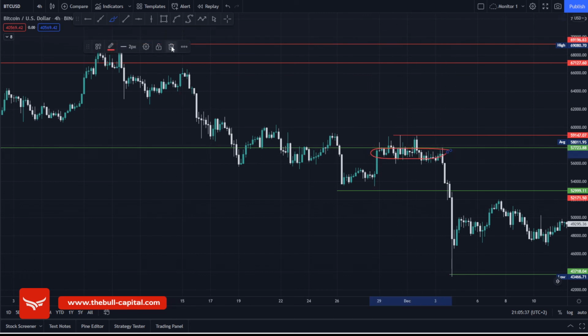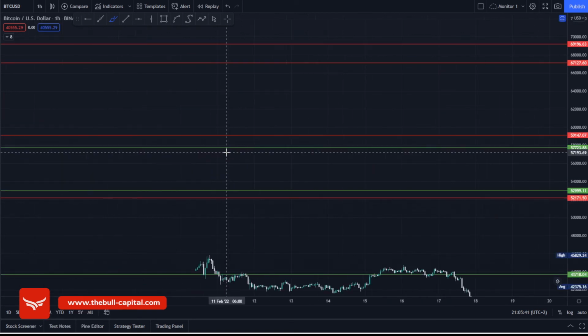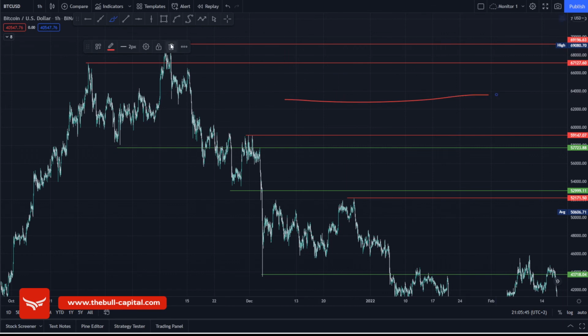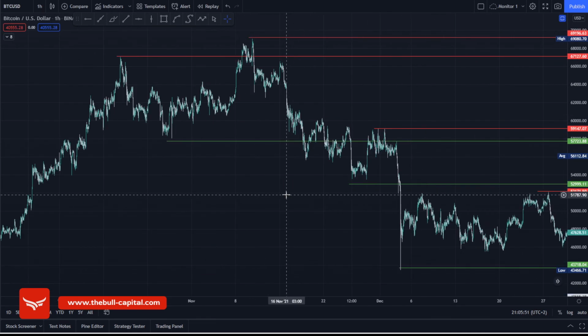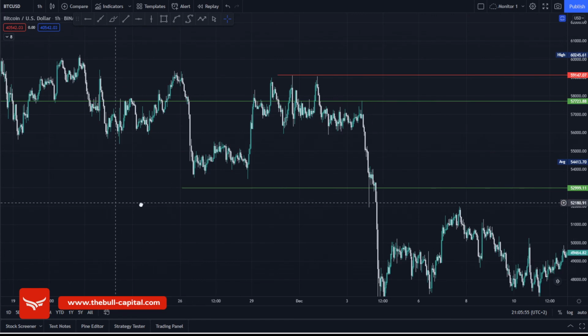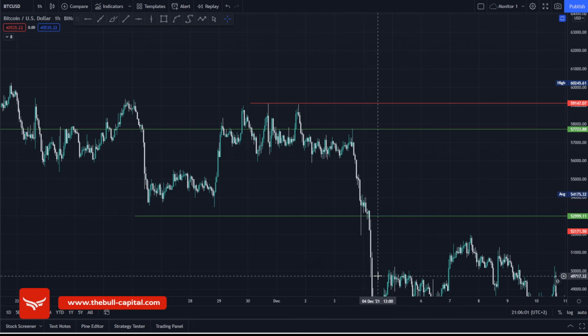So if you're trading on a lower time frame, it's actually a valid level. For example here, this is 1 hour, and also here you see the rejection from this and it went lower.